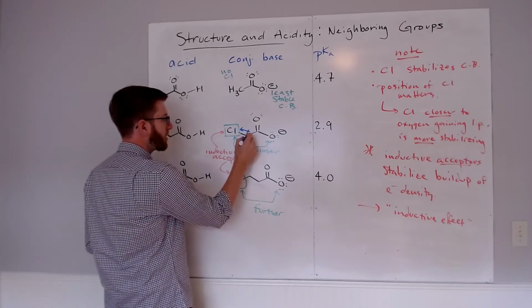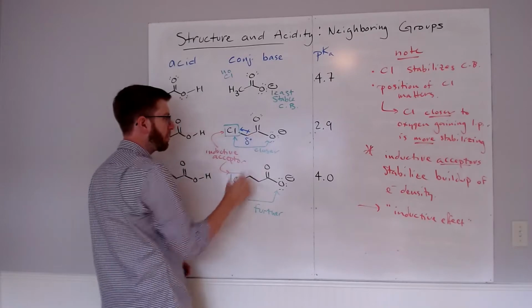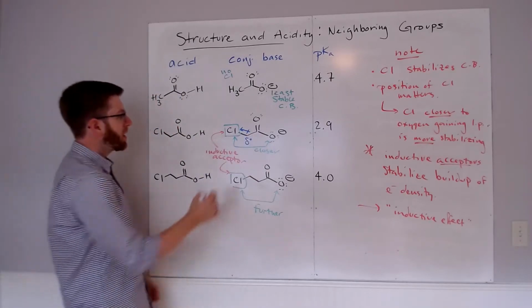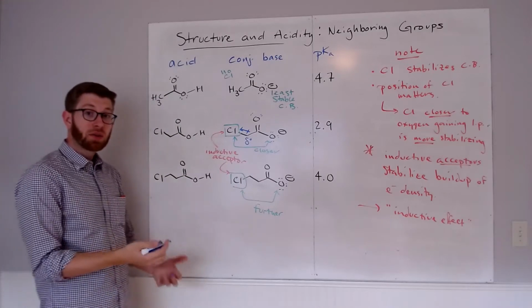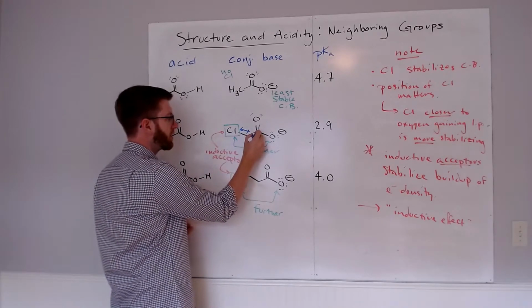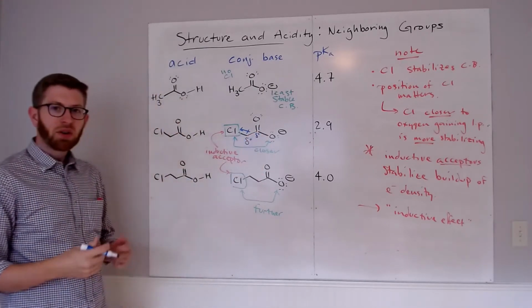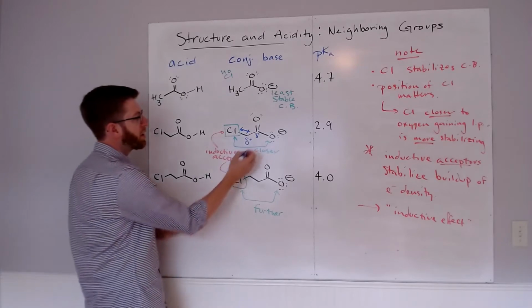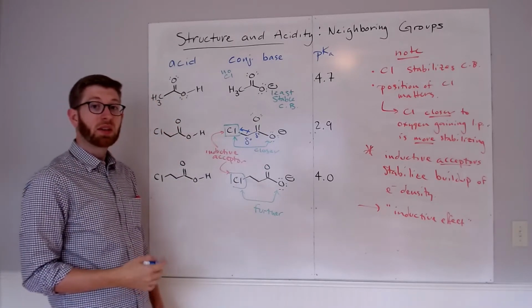And so that makes this carbon, relative to the case where there was no chlorine, partially positive. And that makes this carbon-carbon bond a little bit polarized also. Here's the ripple. So relative to the case where there was no chlorine, this carbon is also going to be a little bit positive. But now we're starting to diminish the effect, and that makes this carbon-oxygen bond a little bit polarized in a different way.